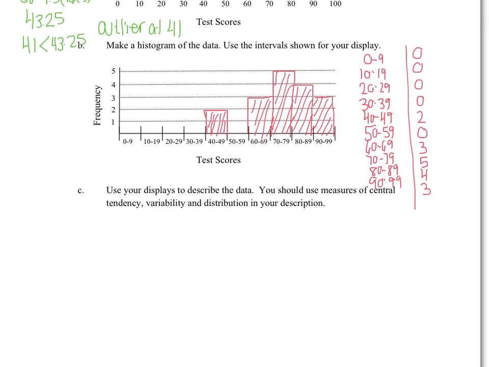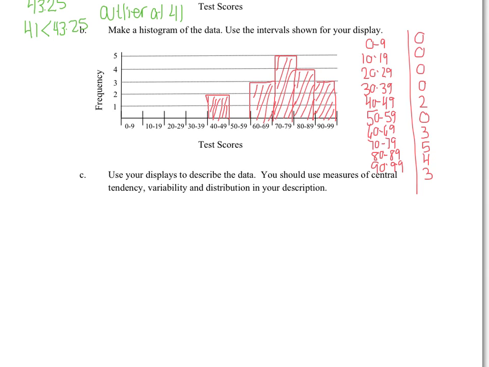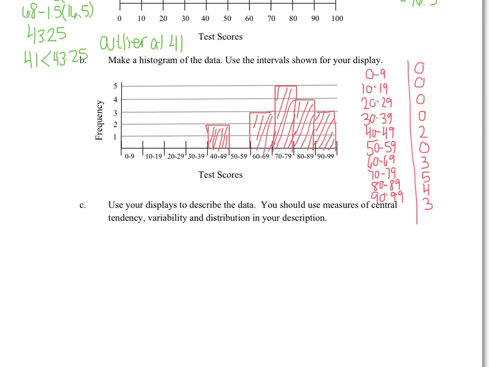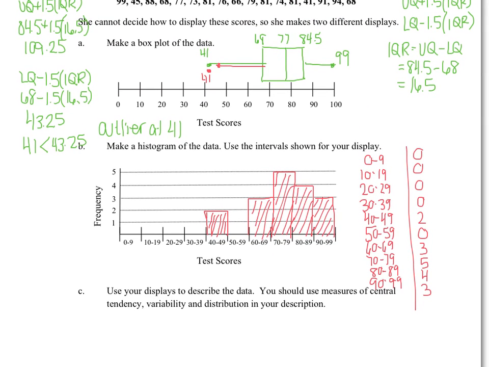So finally, for part C, it says use your displays to describe the data. You should use measures of central tendency, variability, and distribution in your description. Well, let's talk about it first, and then I will write out my actual answer. But basically, my box plot tells me that my lowest score is 41.